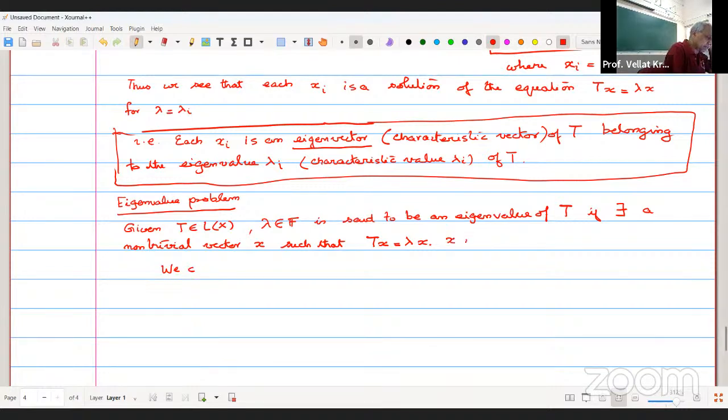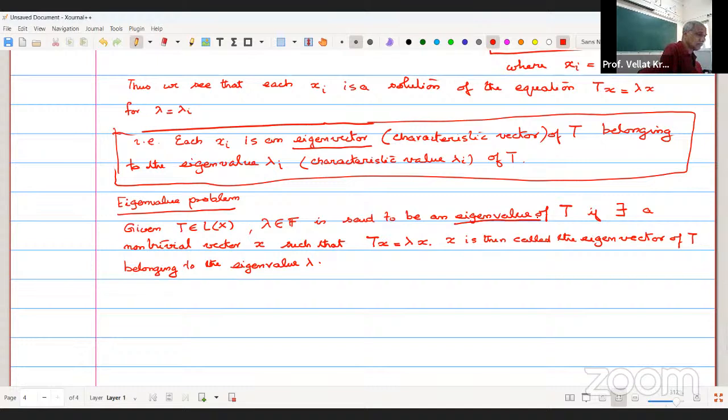X is called the eigenvector. So that's the definition of eigenvalue and eigenvector.